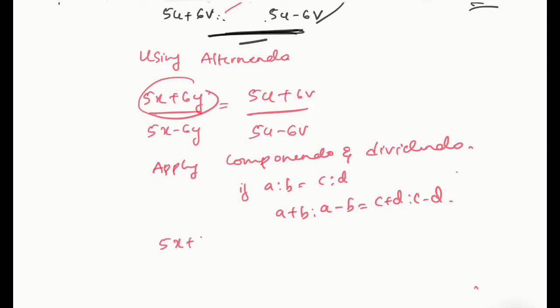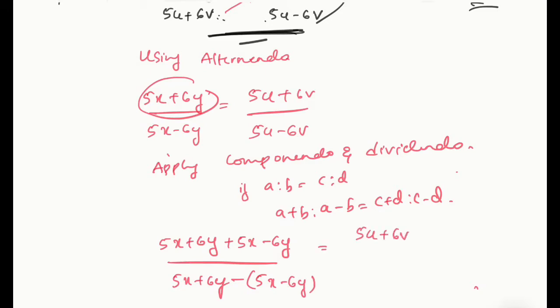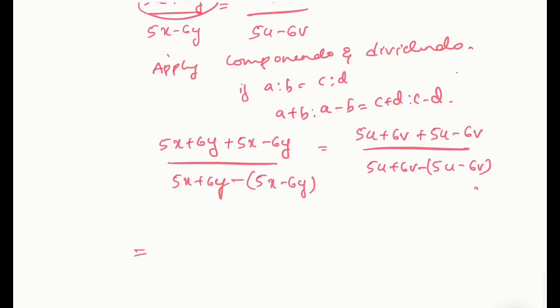So we get (5x + 6y + 5x - 6y) divided by (5x + 6y) minus (5x - 6y), equal to (5u + 6v + 5u - 6v) divided by (5u + 6v) minus (5u - 6v).